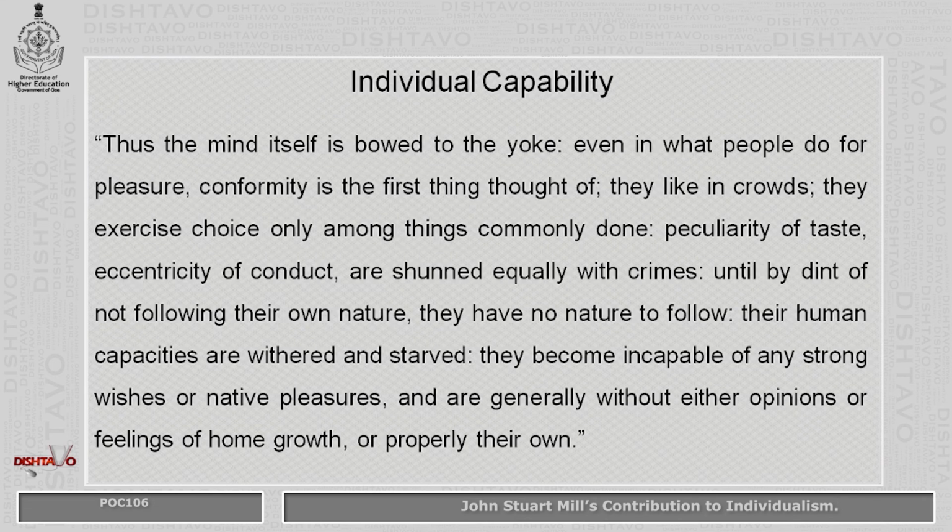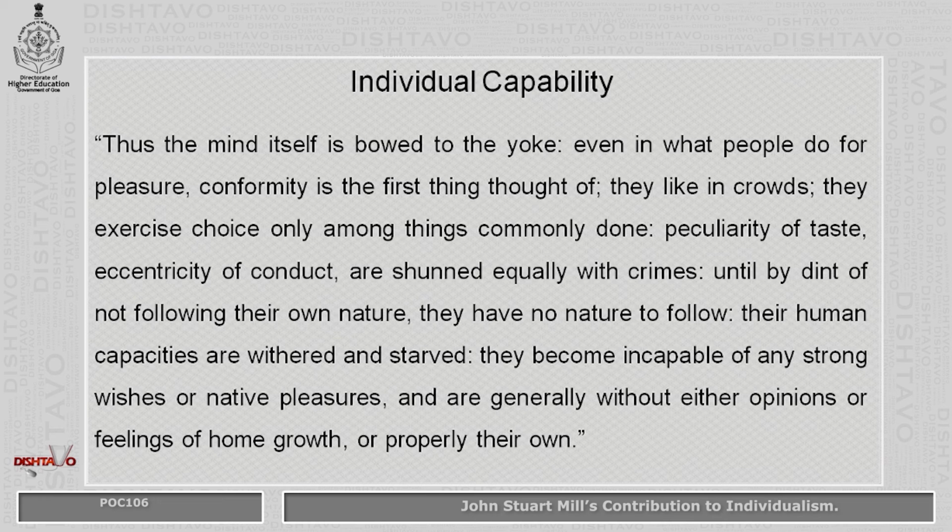Now let's talk about individual capability. J.S. Mill says, thus the mind itself is bound to the yoke. Even in what people do for pleasure, conformity is the first thing thought of. They like in crowds. They exercise choice only among things commonly done.